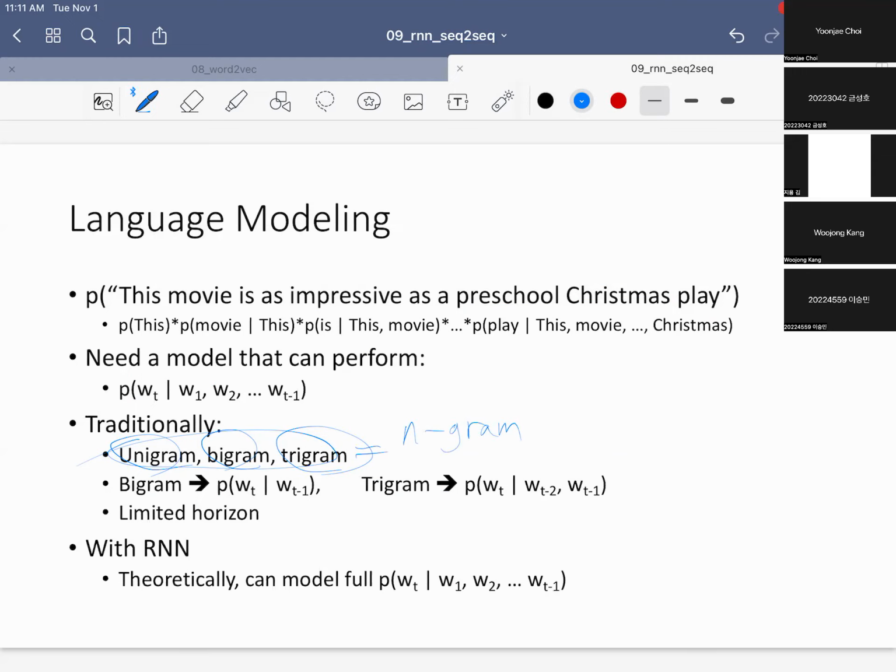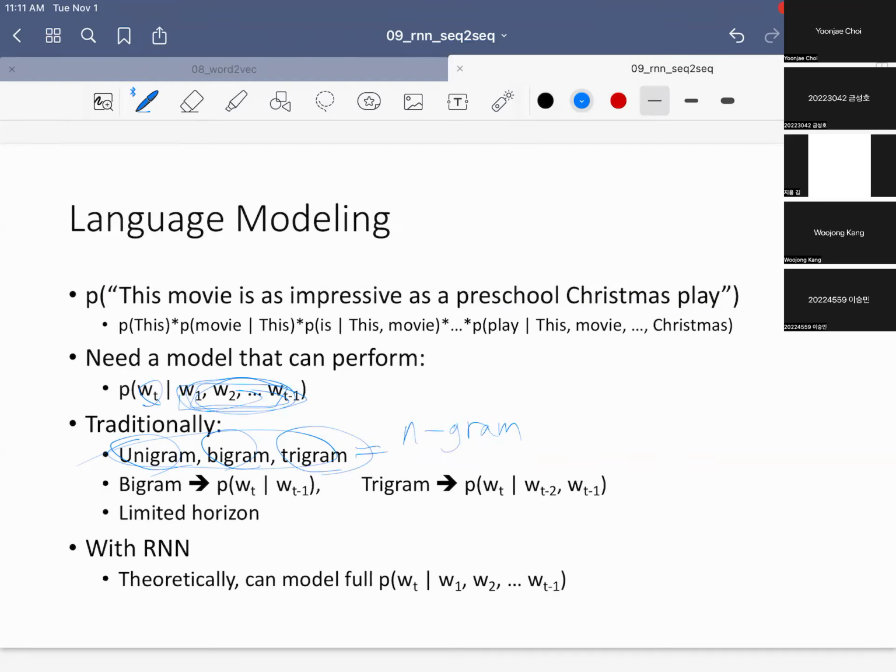The classical approach to language modeling, before the advent of RNNs, which can handle variable length input, was to use a fixed length window, a fixed length history.